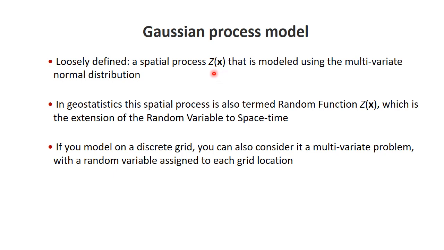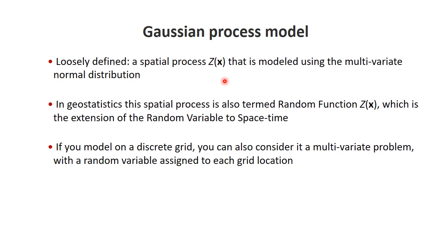One way of representing that is with a discrete grid. We say that we have a grid on which we have all the unknown, unobserved locations. And in that case, this process reduces to simply a multivariate problem.